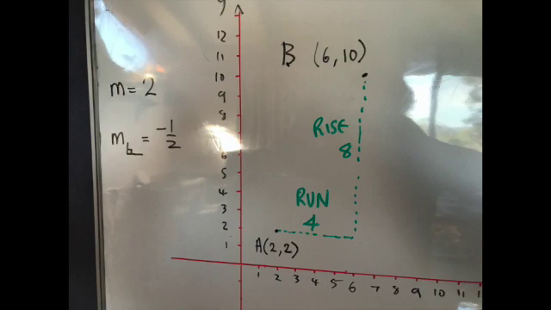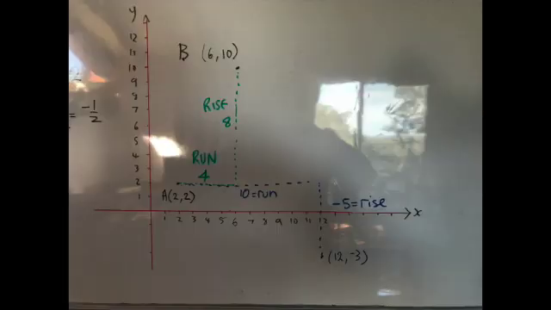To figure out the perpendicular line, it's the other way around. The run has to be twice as much as what the rise is. And I've got to do the opposite sign. So that means instead of going up, I'm going to have to go down. So I just pick a distance to go across to the right, and then I can figure out how far down I have to go to get a gradient of -1/2.